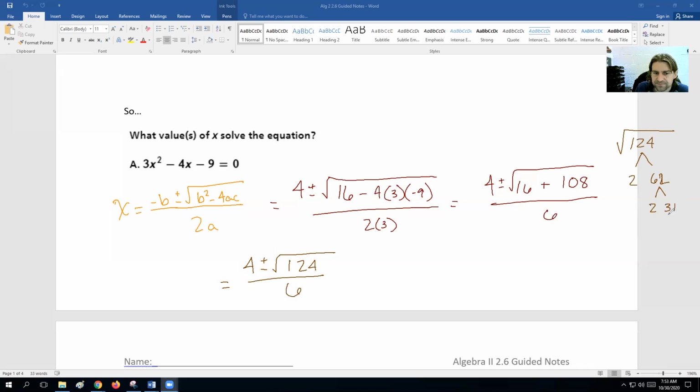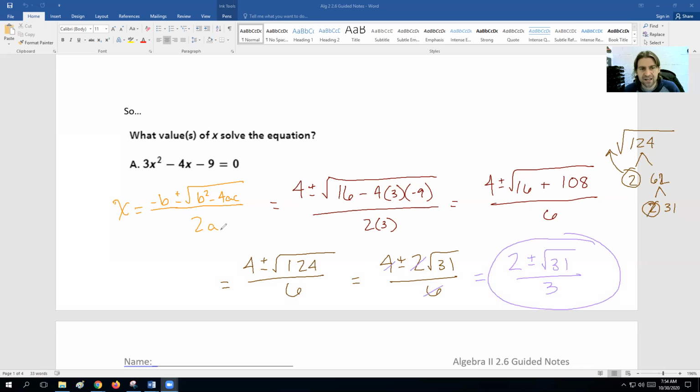It's 2 and 31. So we can factor out a 2. So we get 4 plus or minus 2 radical 31 over 6. And the last thing we can do here is divide all of these outside numbers by 2. And so we get 2 plus or minus radical 31 over 3.